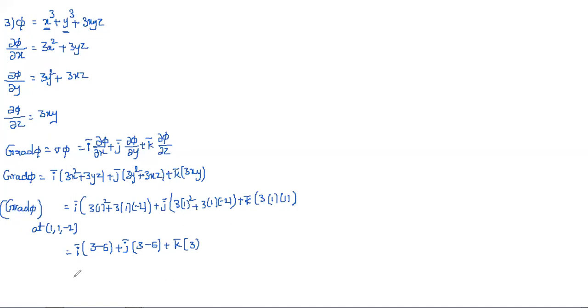It means simply we'll get minus 3i, since 3 minus 6 is minus 3i, and this is minus 3j, and this is plus 3k. Now if you want, we can take minus 3 common, so i plus j minus k. So this is grad phi at the point 1, 1, minus 2. Okay. Next.